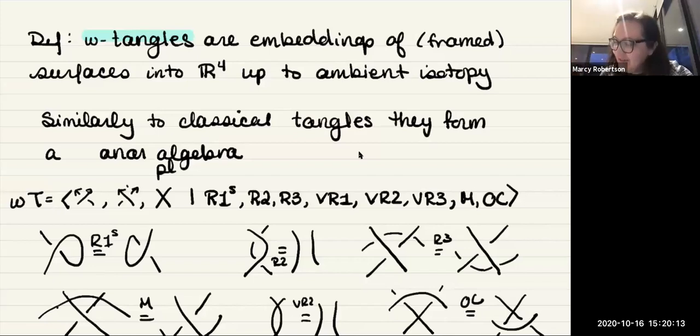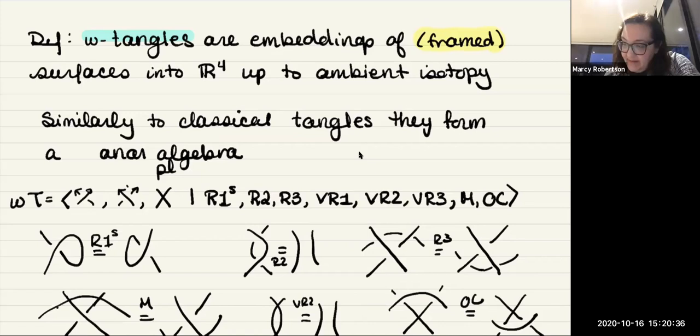So W tangles. We can talk about this 4-dimensional one. These are embeddings of framed surfaces. I think framed is optional, but I only understand it with the frame. So, framed surfaces into R4 up to ambient isotopy.